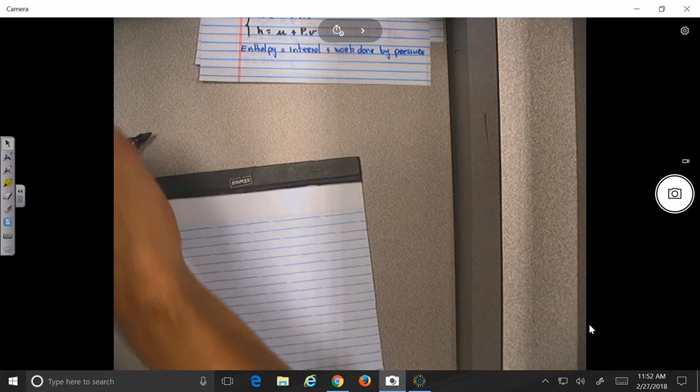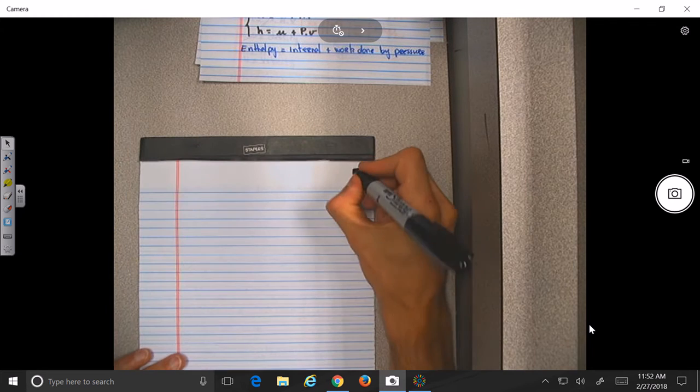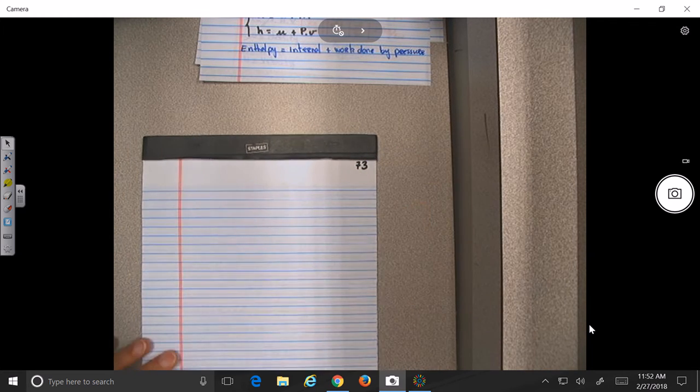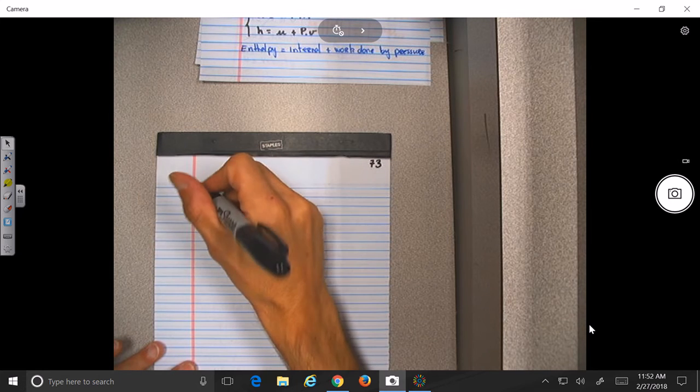I do everything together. Page 73. So I'm going to do the same figure as before, for our control volume.